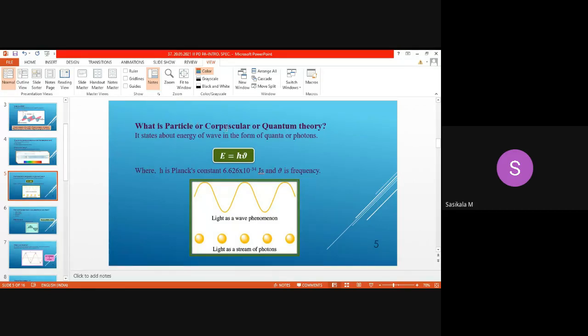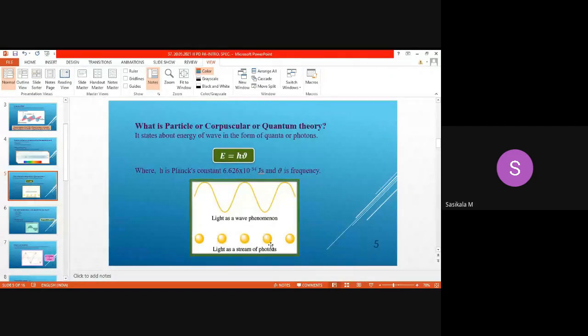This particle or corpuscular theory is otherwise known as quantum theory also. It states about energy of a wave in the form of quanta or photons. Why is it called quantum theory? The photons are called quanta, so it is called quantum theory, and the particles will take the wave as photons only. So it is representing particle theory. When it is interacting with the particle, it is like photons.